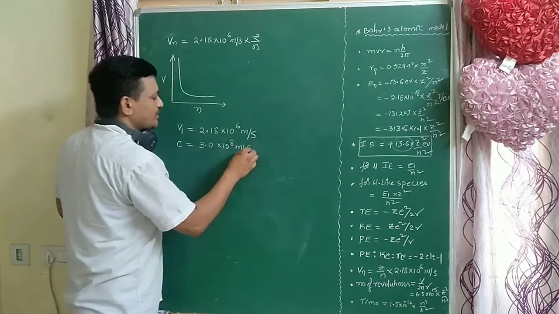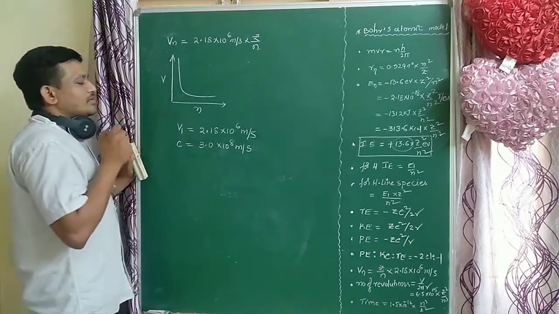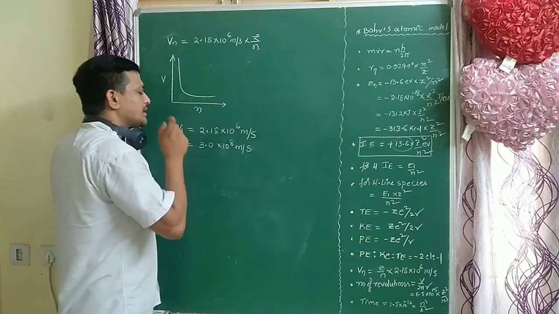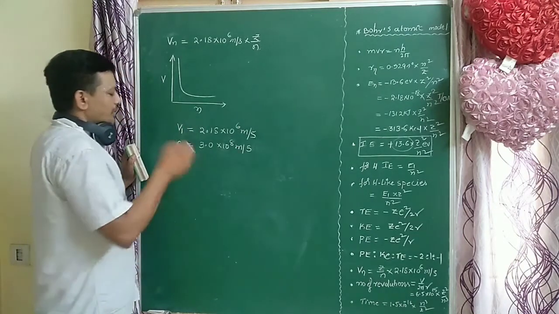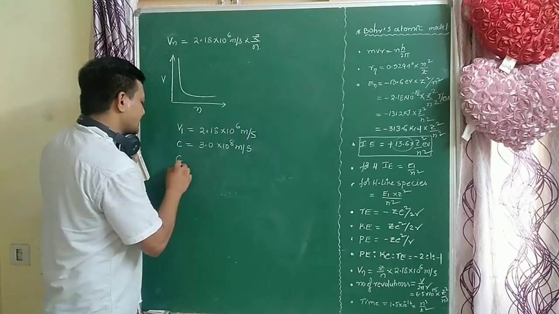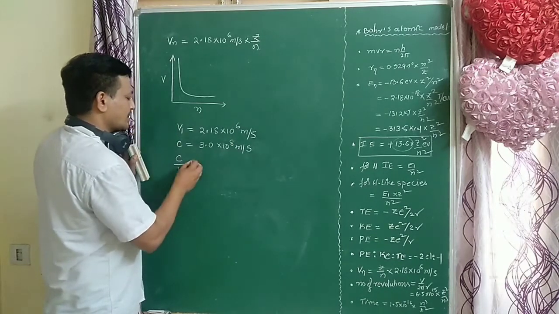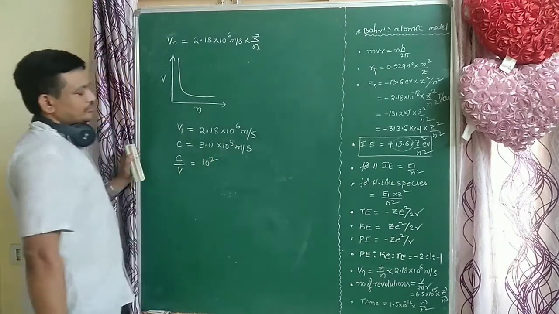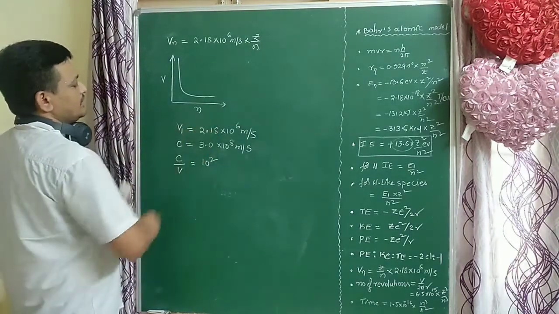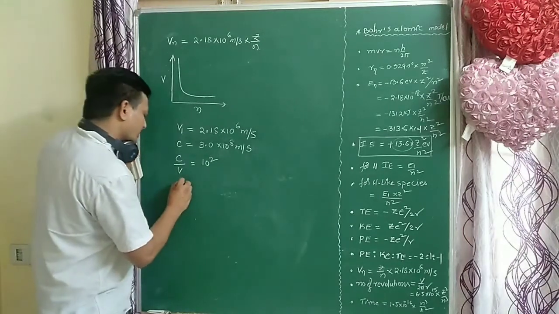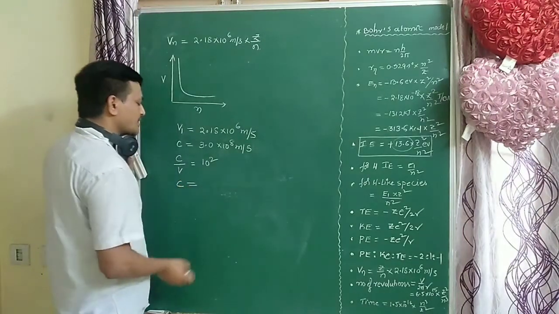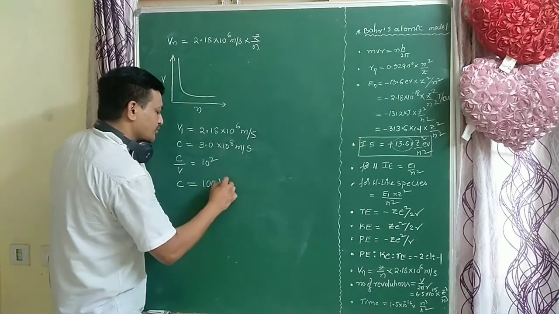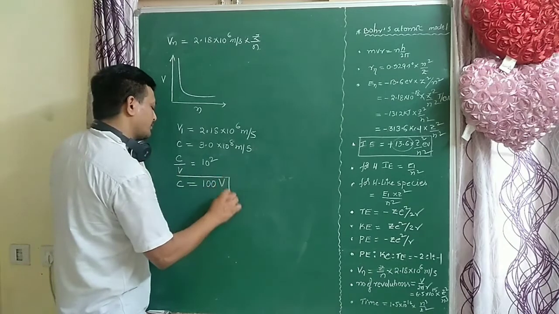So velocity of the electron of hydrogen atom in the first orbit is less than speed of light. In order of c by v, it is 10 power 2, so speed of light is approximately 100 times greater than speed of the electron for the first orbit.